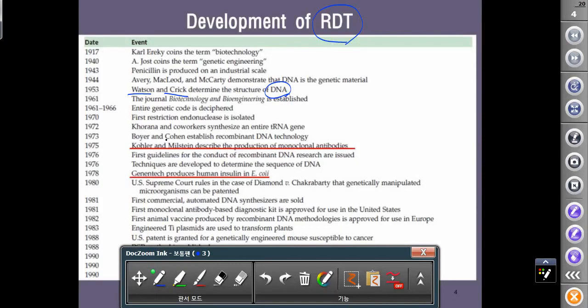After that, Boyer and Cohen established the RDT, which we learned just now in the previous slide. And right after that, in 2 years, Kohler and Milstein were able to produce monoclonal antibodies. This is very important, which will be explained in chapter 6. You have to remember that.